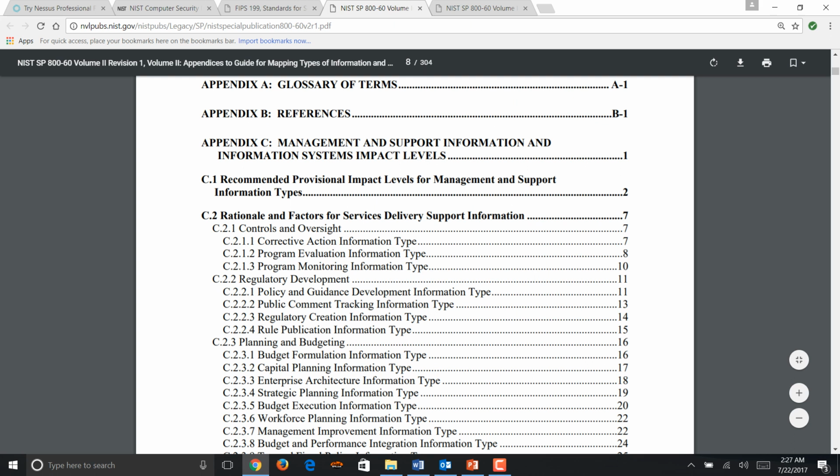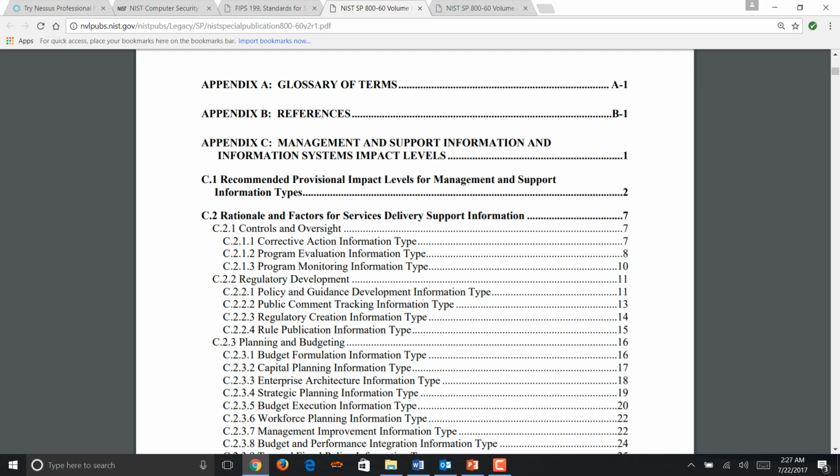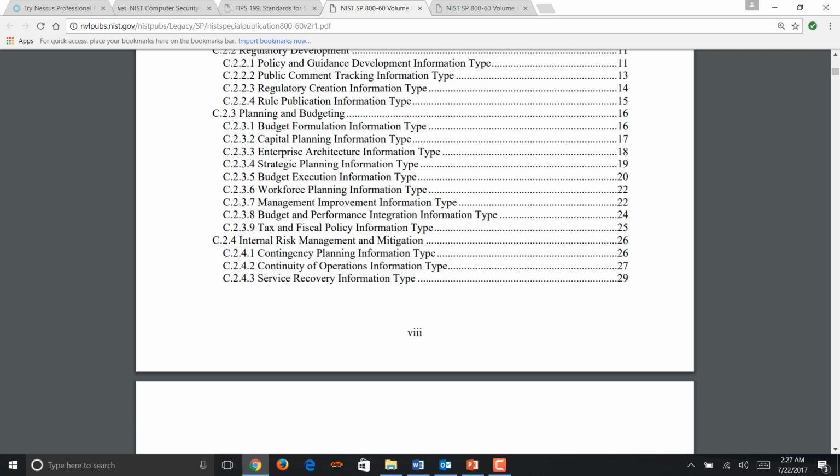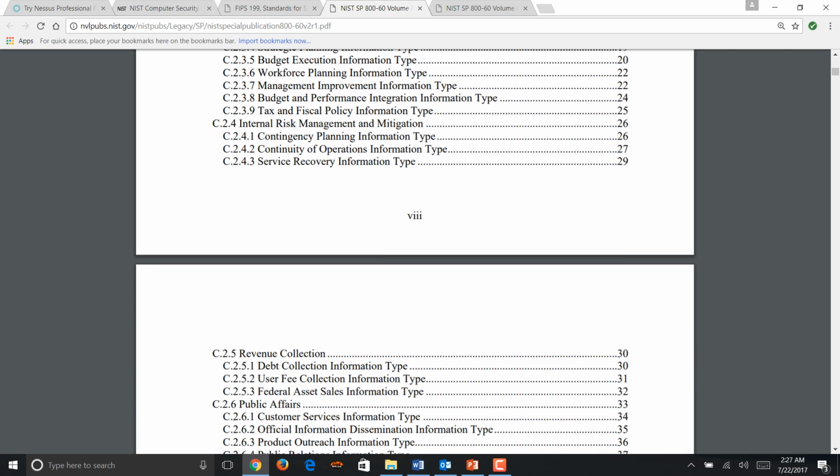So we have various information types. We have control and oversight. Under control and oversight, we have various information types such as corrective action information type, program evaluation information type, and program monitoring information type. So these are the various information types that we could have.